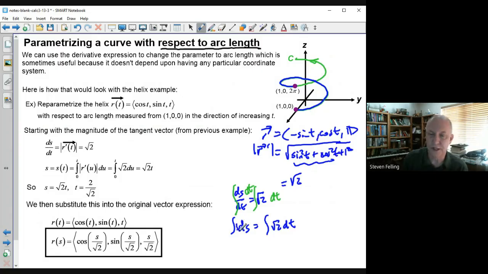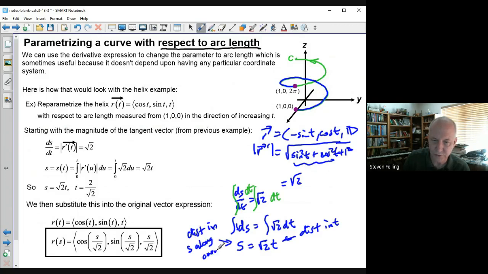This would be like taking the antiderivative of 1, where s is the variable, and this would be the square root of 2 times t. Right? And so this allows us to now relate t and s, where this is distance in t, and this is the corresponding distance in s along the curve.